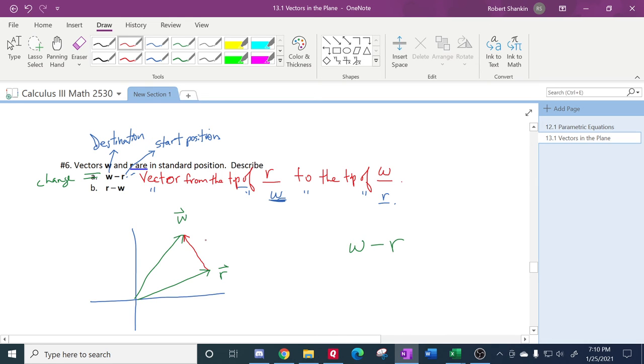It's really confusing. Some people will put it R minus W. Somebody else will put it W minus R. But if we get used to this, when we label this, we have to label it as destination minus the start. Which vector did we end up at? W. Which one did we start out at? R. So this is W minus R, not vice versa.